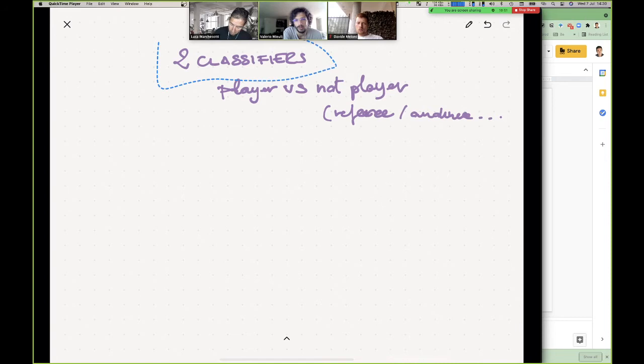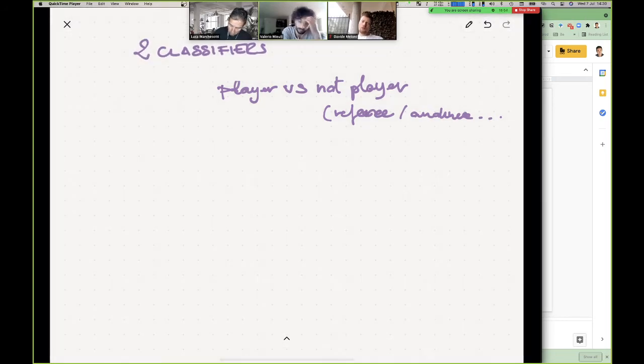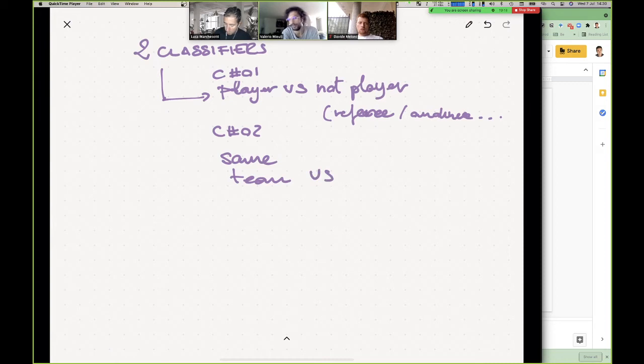Then the second model is a Siamese network that, given two images of people as input, tells you whether they are from the same cluster or not. And we would like to identify three clusters here: team A, team B, and all the rest.